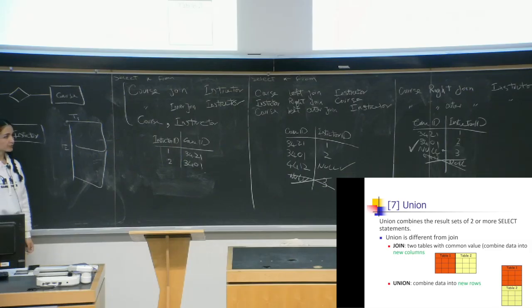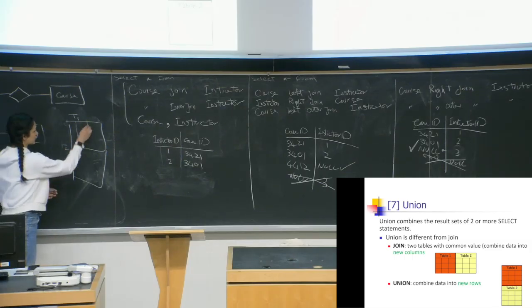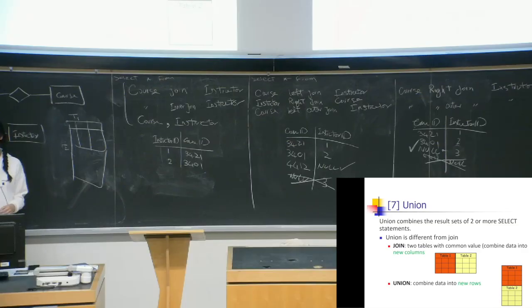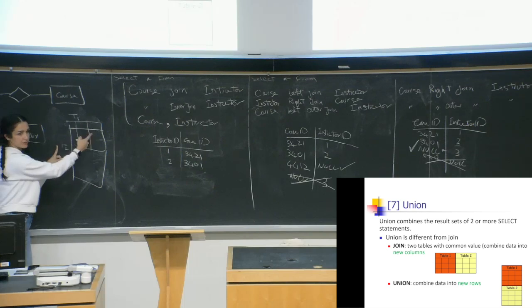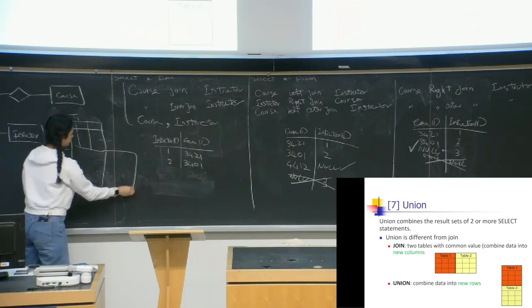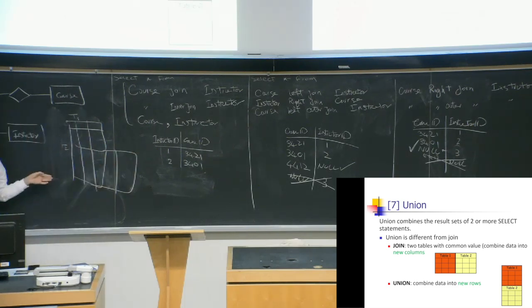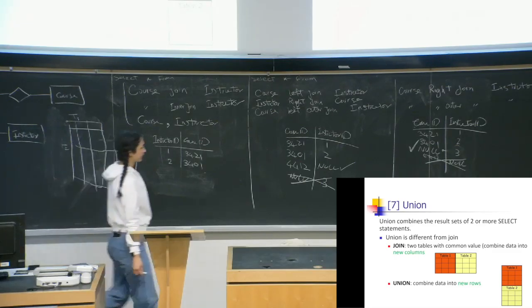One condition is that there should be same number of columns, right? Because the result is a table. So you cannot have table 1 with, let's say, 3 columns and table 2 with 5 columns. Can we have such table? No. So the number of columns should be the same. And what else?